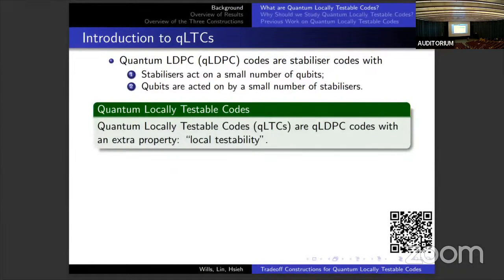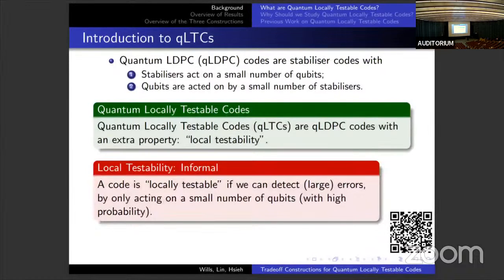Informally, a quantum locally testable code is a QLDPC code with this extra property called local testability. And local testability, informally, means that you can detect errors by only acting locally, so by only acting on a few qubits. A bit more formally, there is this randomized testing procedure, which I'll go on to describe.